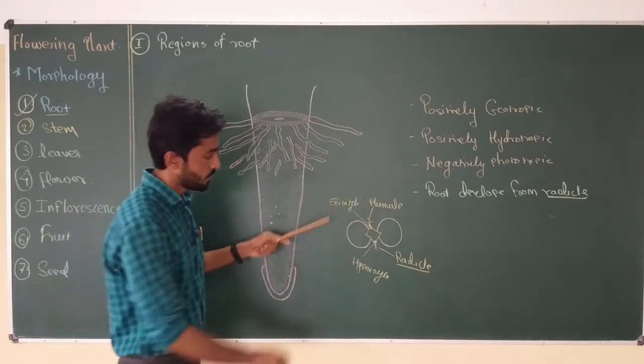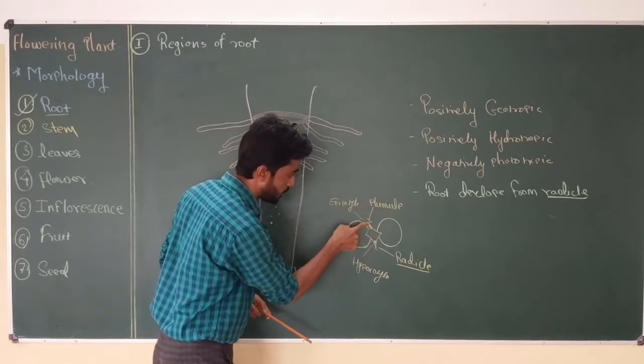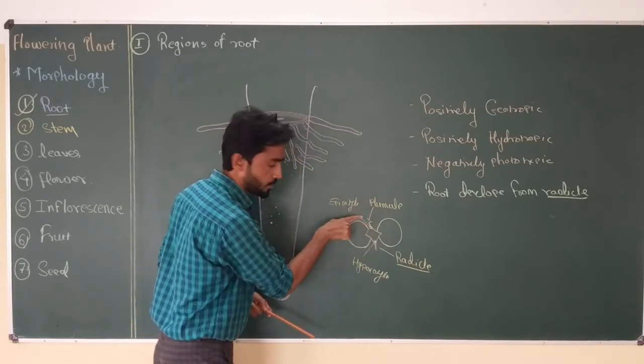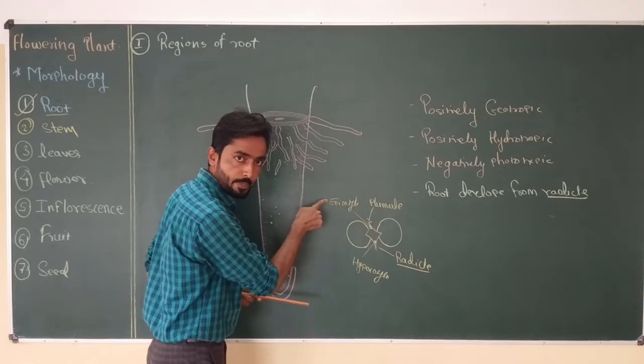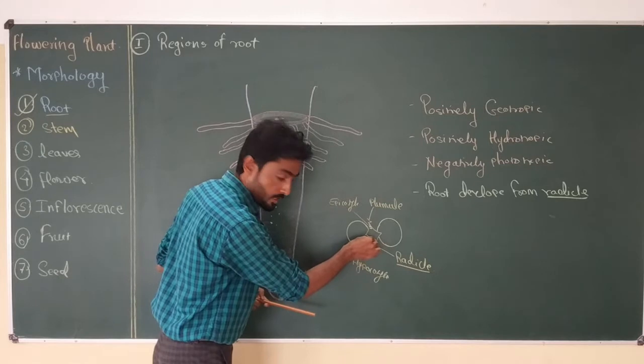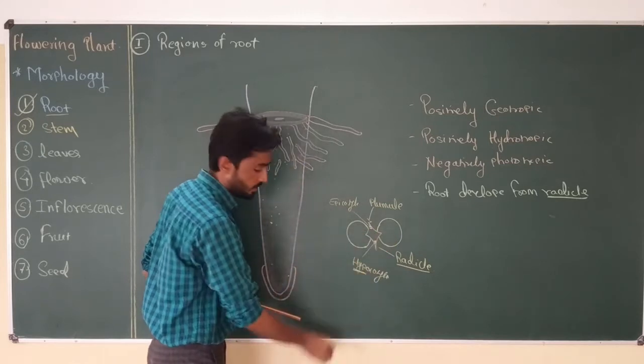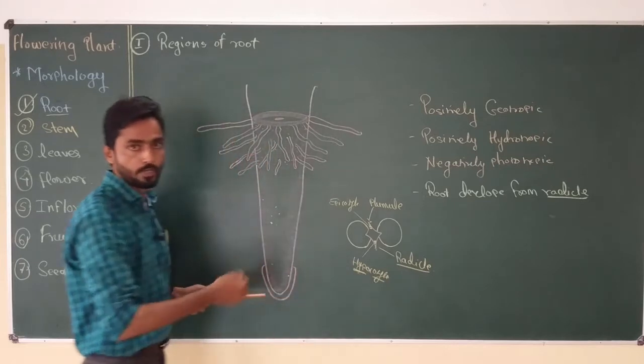Epi means above and cotyle means cotyledon. So this portion of the plumule is generally present above the cotyledon, so we call it epicotyle. And this portion of the radicle is generally present below the two cotyledons, so we call it hypocotyle, hypo meaning below the cotyledon.